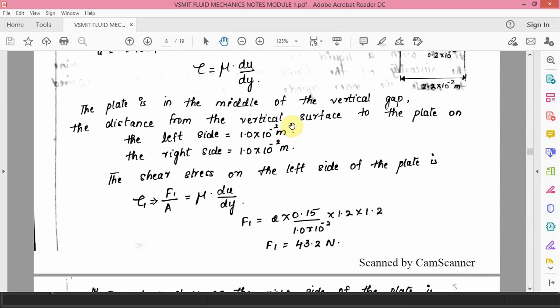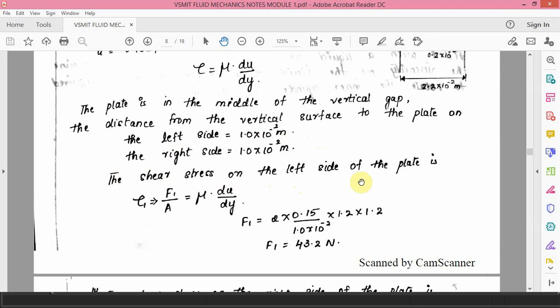The plate is in the middle of the vertical gap. Therefore, the distance from the vertical surface to the plate on the left side is equal to 1 into 10 raised to minus 2 meters. Therefore, the right side is equal to 1 into 10 raised to minus 2 meters.